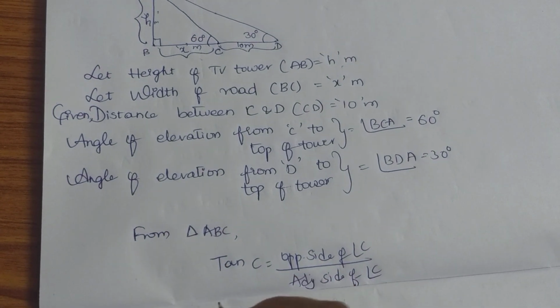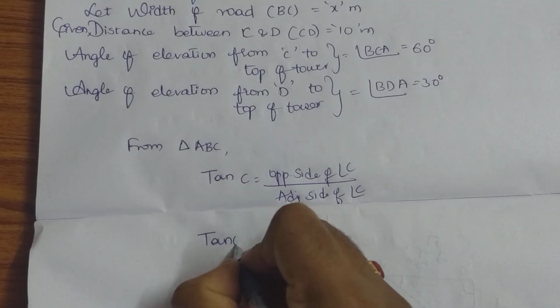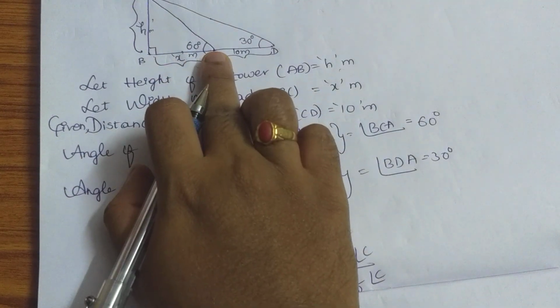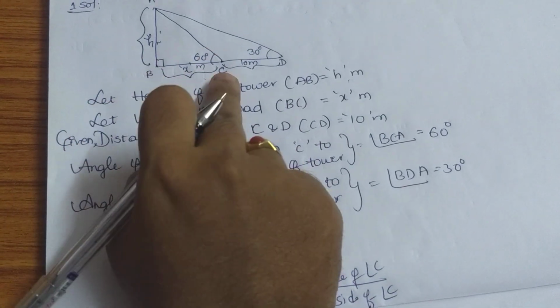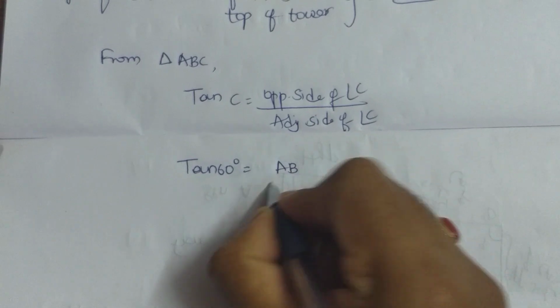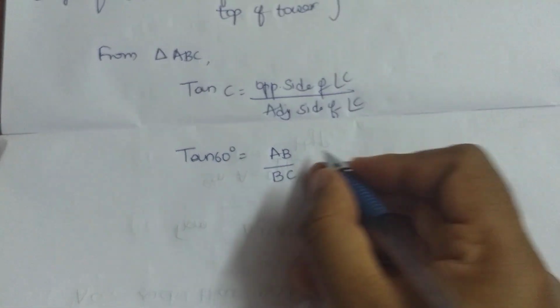Okay. So what is the C value? Angle C is 60 degrees, right? So tan 60 degrees equals, what is the opposite side of angle C here? Opposite side of angle C is AB. Adjacent is BC. Write the same thing here: AB by BC. What is AB? Height of the tower.